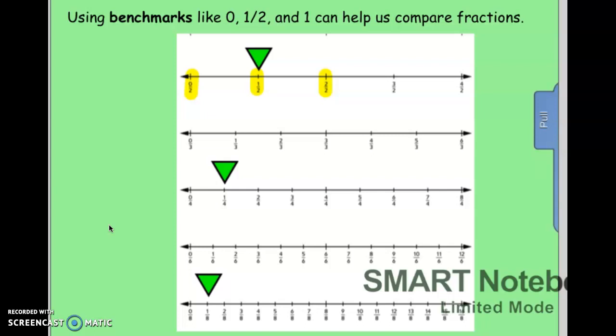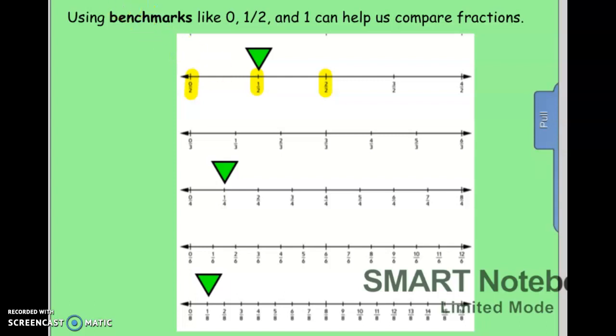Put your finger on the fraction that's closest to 0. That's right, 1/8 is closest to 0. Both 1/4 and 1/8 are to the left of 1/2. They're both closer to 0 than 1/2 is.